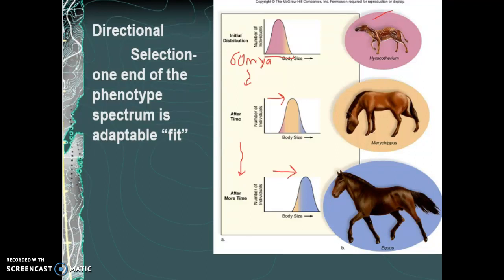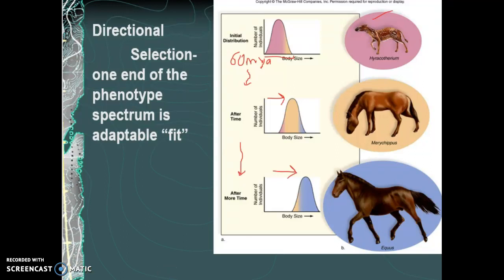Again, sometimes it could go the other way, and being smaller and smaller and smaller is better, because you hide from predators, you need less food, etc. But directional selection is when the population moves one direction or the other along the spectrum of phenotypes. So bigger, bigger, bigger, smaller, smaller, smaller, over the course of lots of generations.